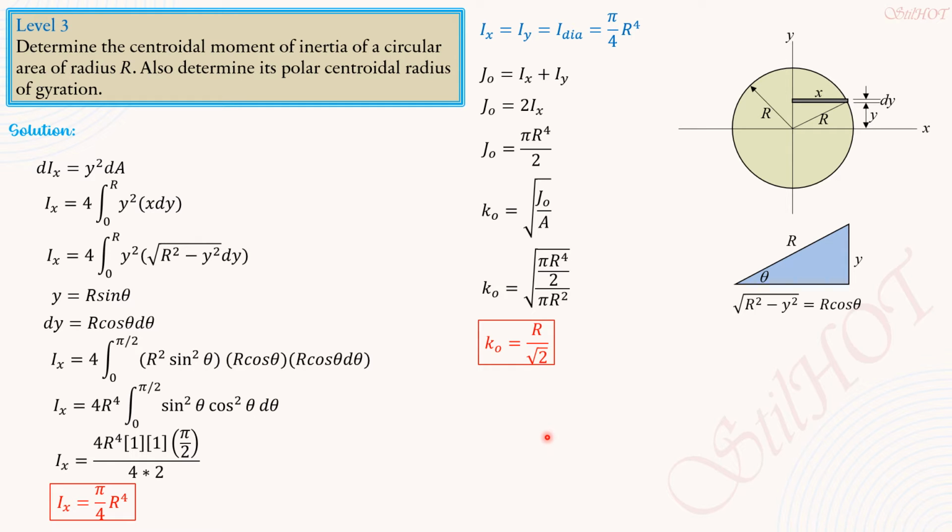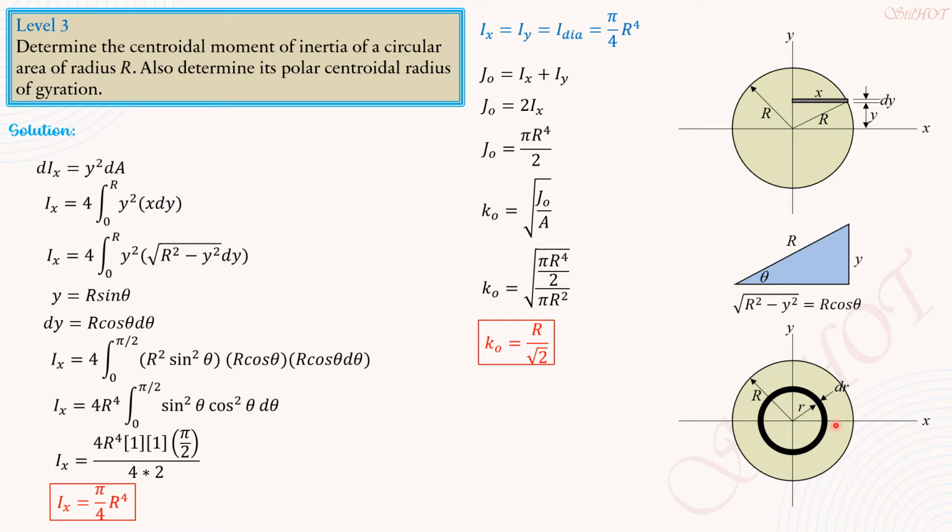Then another derivation is, let's compute the polar moment of inertia of the circle, and let's consider a differential annular area, so that the derivation would be simpler. The radius of this differential annular area is r as shown.